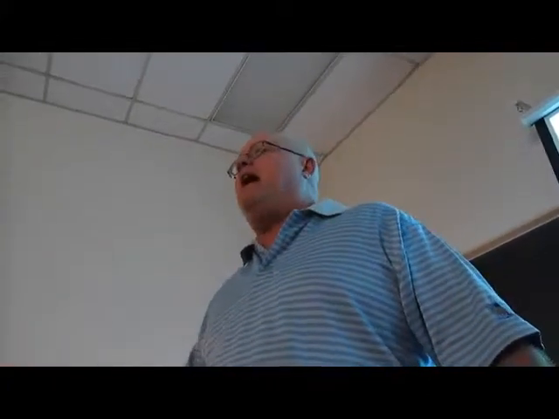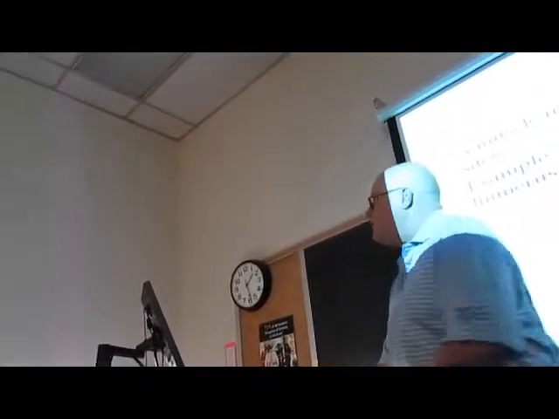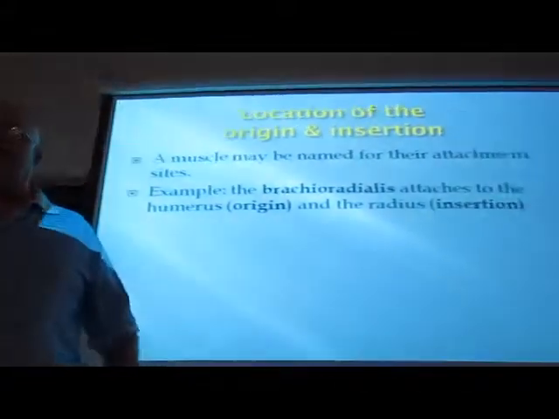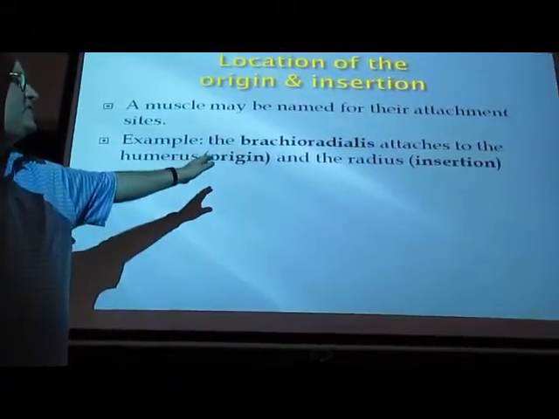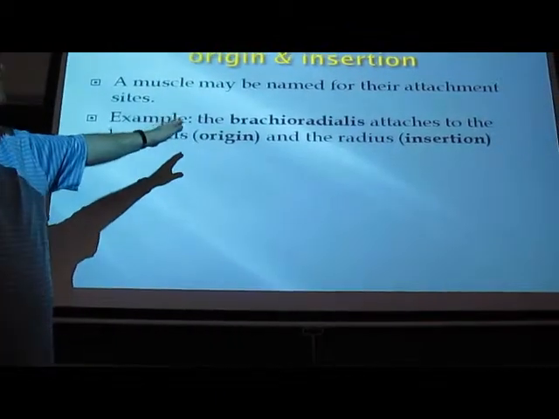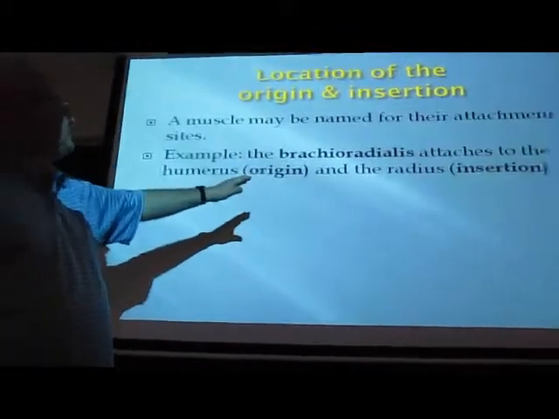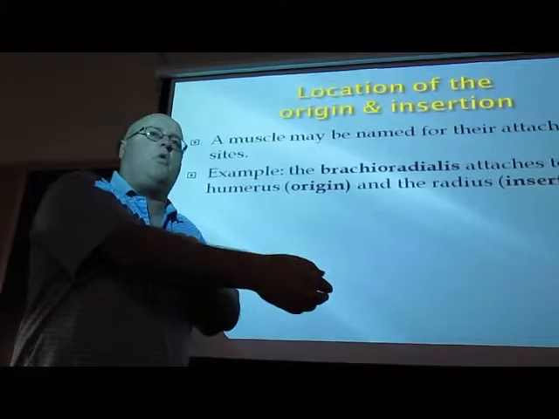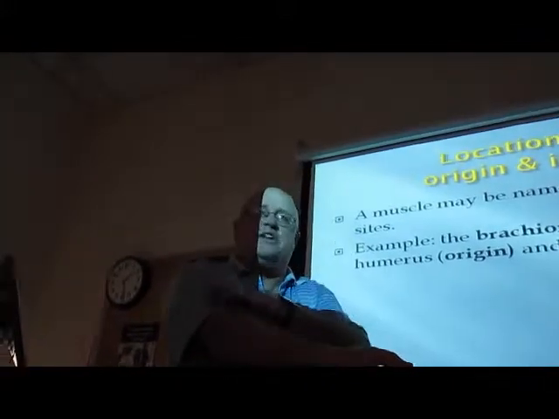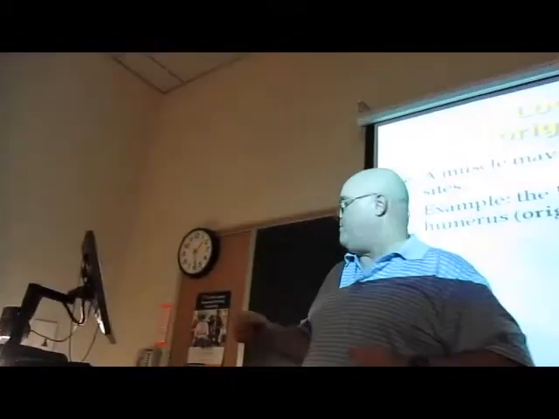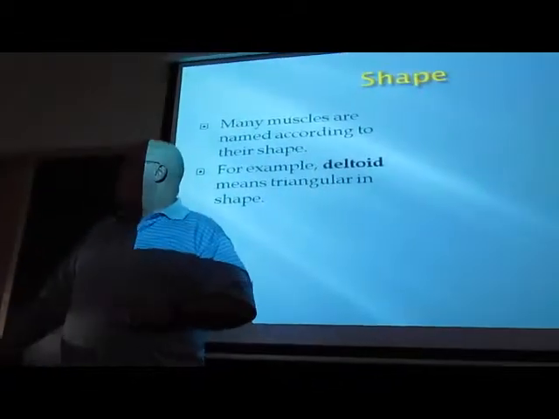So whenever you hear something with bi, tri, etc., that's just the number of heads or crowns of that particular muscle. The origin and insertion. The brachioradialis is basically a combination of a muscle that's attached to both the radius and the humerus. So we know that somewhere between the radius and the humerus is where that particular muscle is going to be located.